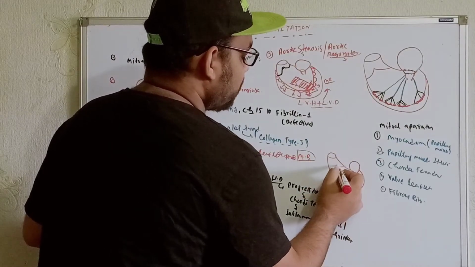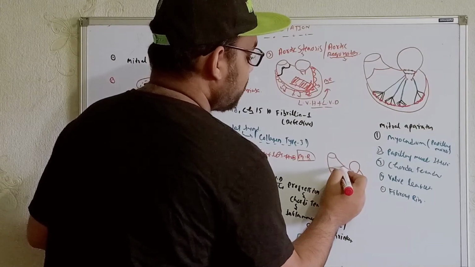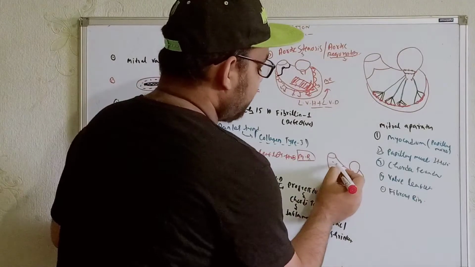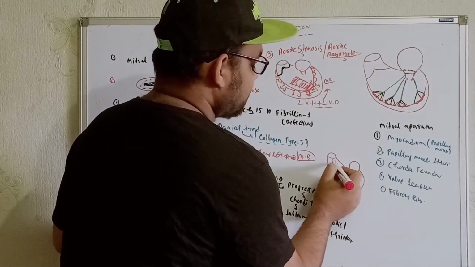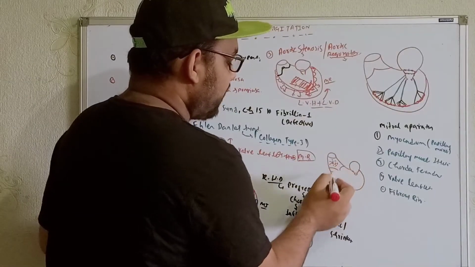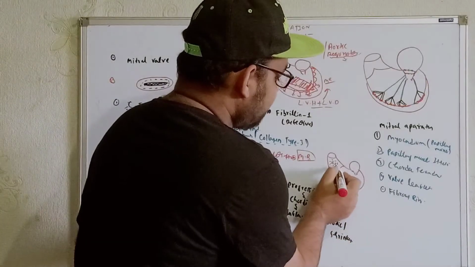Whenever it is not able to close properly, during ventricular contraction the blood is pushed from the left ventricle to the aorta. But whenever there is aortic regurgitation, we will get backward blood flow from the aorta to the left ventricle.